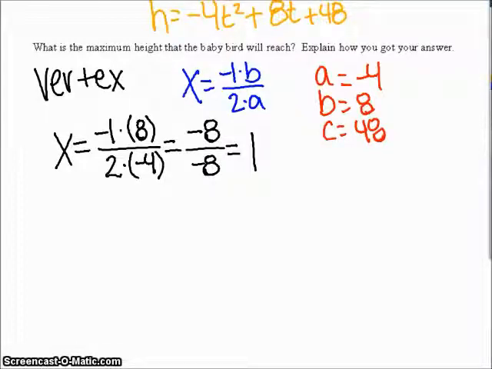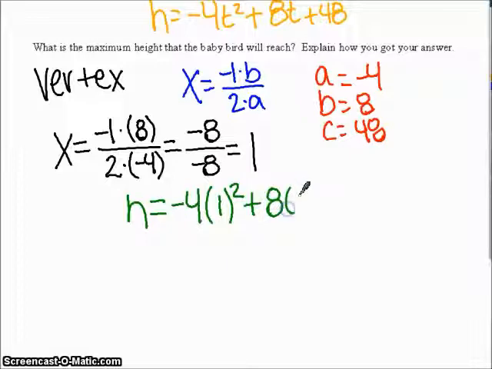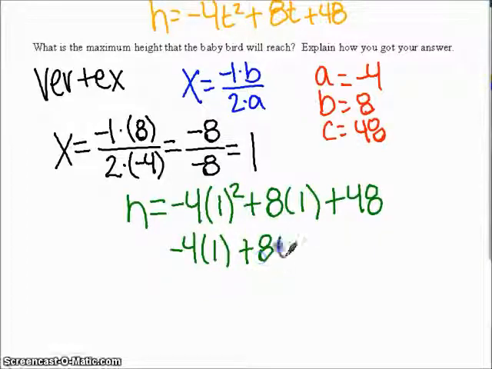So now we're going to have h equals negative 4 times 1 squared plus 8 times 1 plus 48. Now, 1 squared is 1, so we have negative 4 times 1 plus 8 times 1 plus 48.